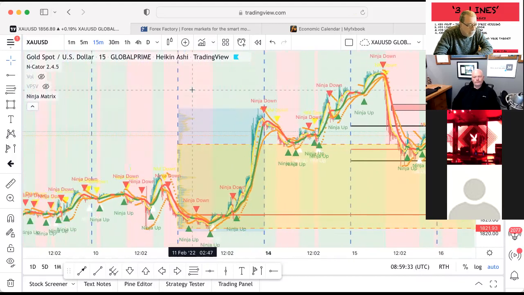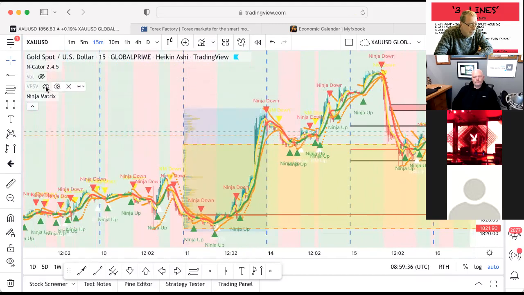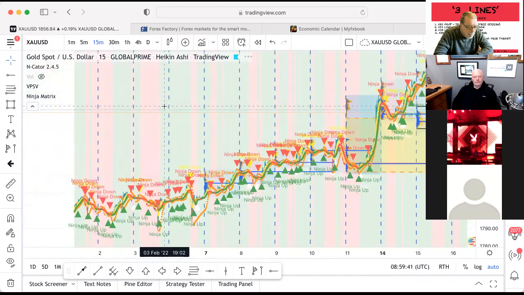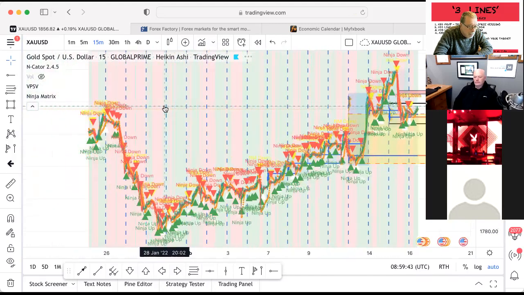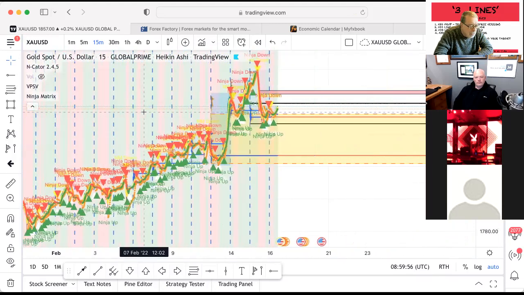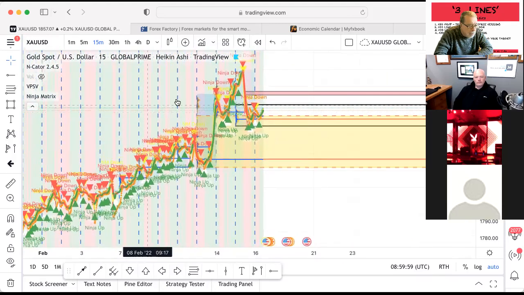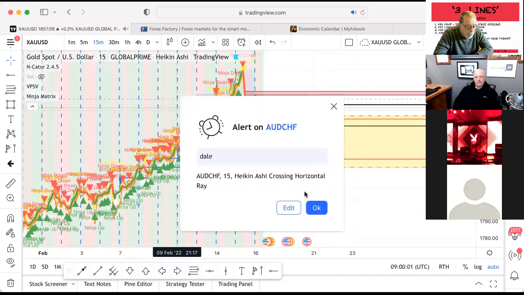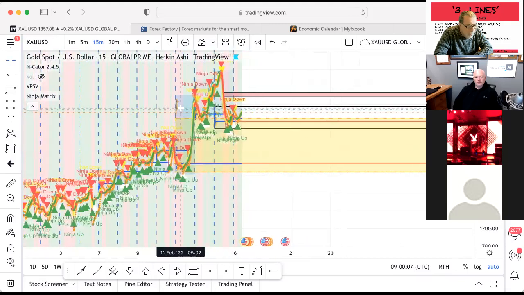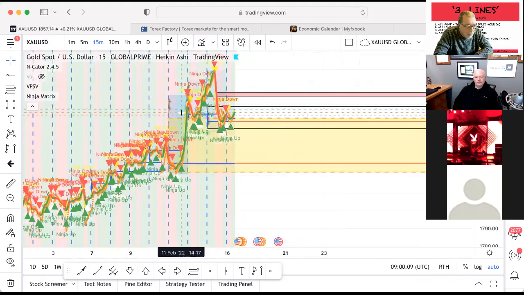Let's try and go back and find that. You see the top of this activity here, which was in rough terms about 1854. I seem to remember that there was a POC that came along. Yeah, there was. So that would have been round about that level there.